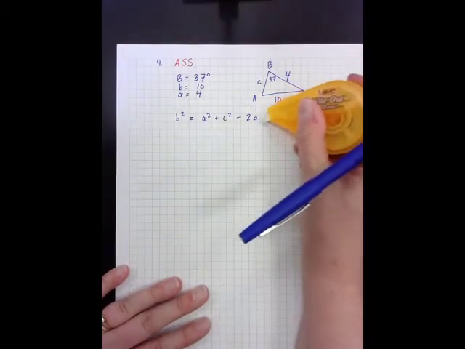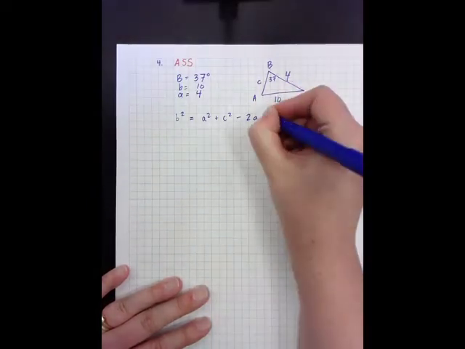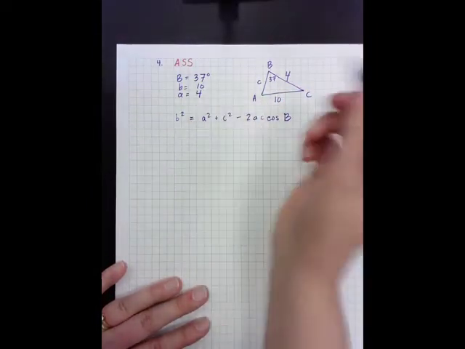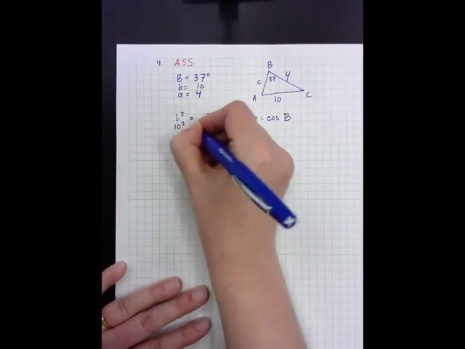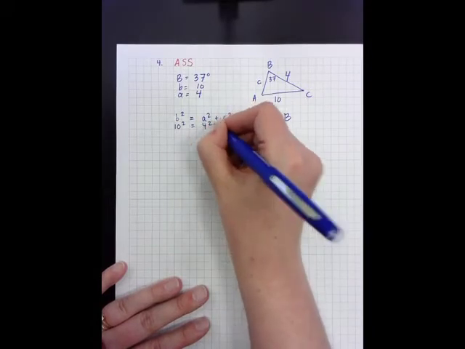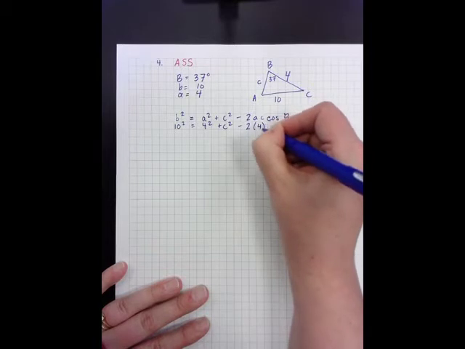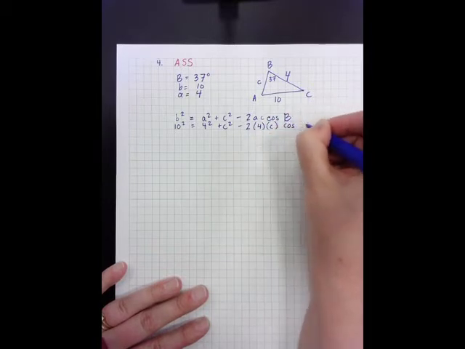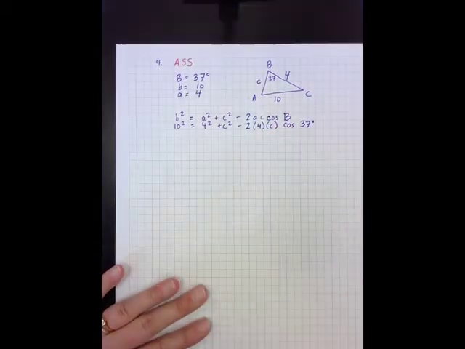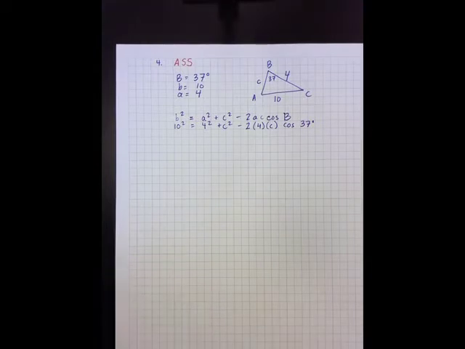It should be 2ac. So I'm going to fill in what I know. I have 10 squared equals 4 squared plus c squared minus 2 times 4c cosine 37. And now I'm going to get everything so that it looks like that nice quadratic.